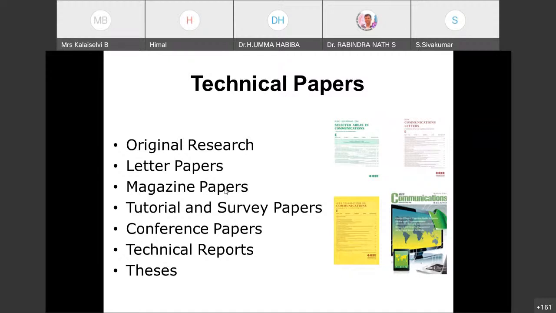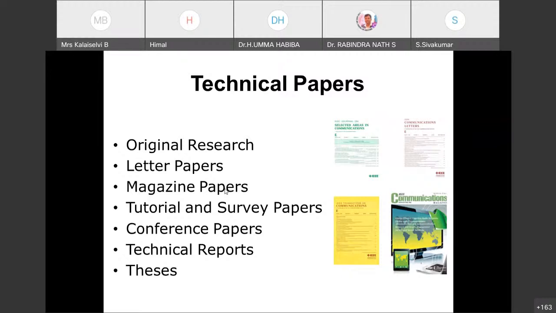Then you have something called magazine papers. Magazine papers are written in a language where the targeted audience is much broader than a typical academic audience, and these magazine papers have special requirements.